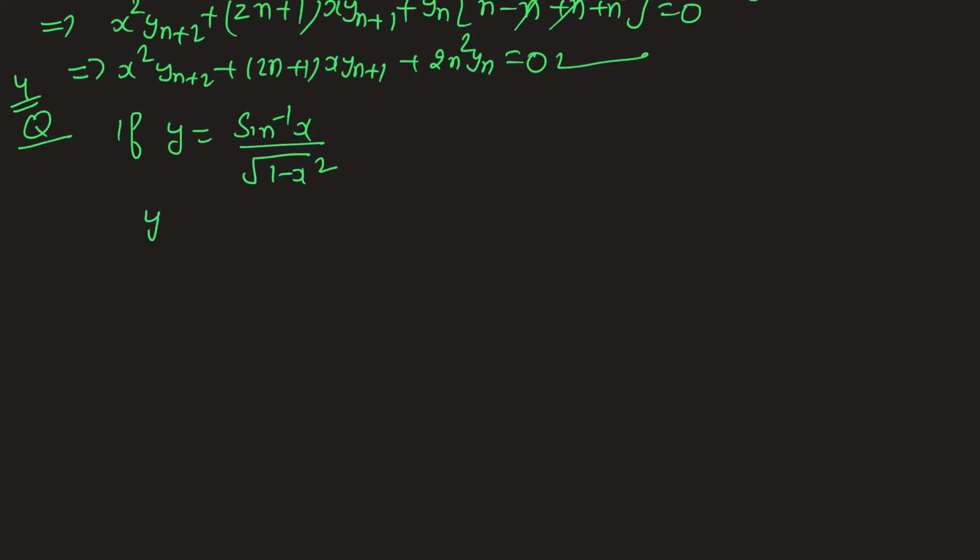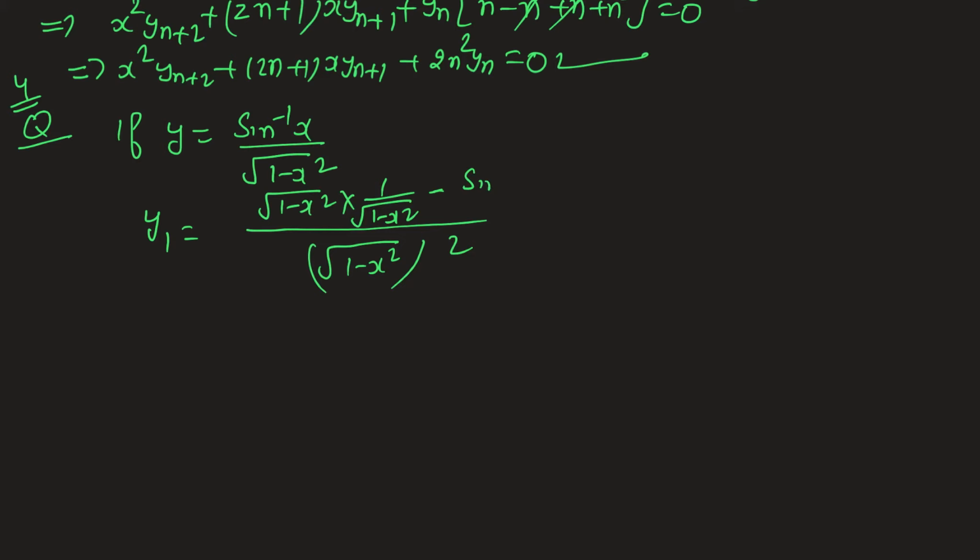Now differentiate, first time apply the quotient rule: root 1 minus x square into the differentiation of sine inverse x, which is 1 upon root 1 minus x square, minus sine inverse x into the differentiation of root 1 minus x square, this will be 1 by 2 root 1 minus x square into minus 2x.